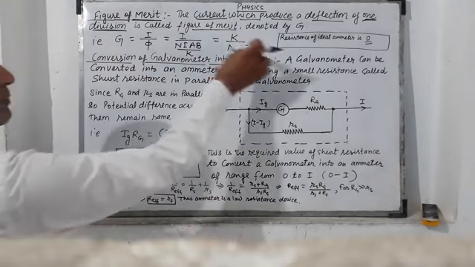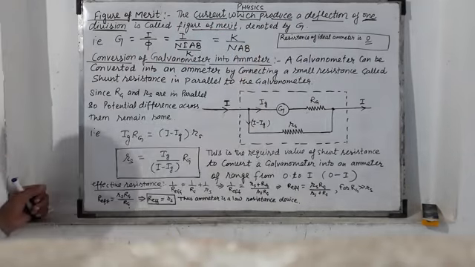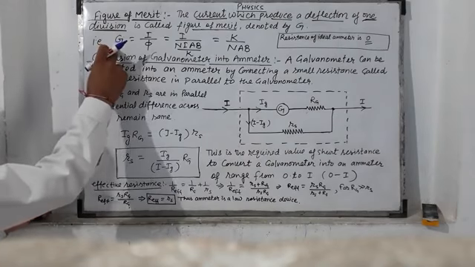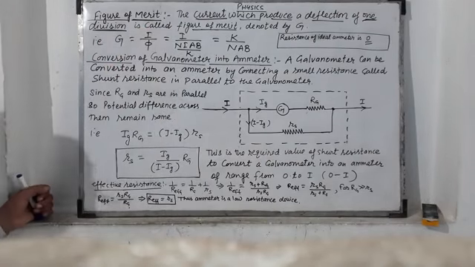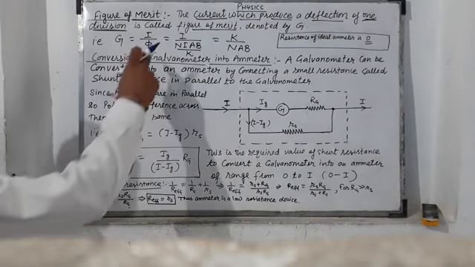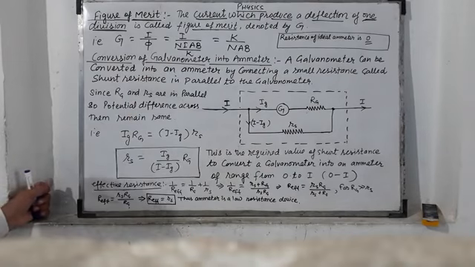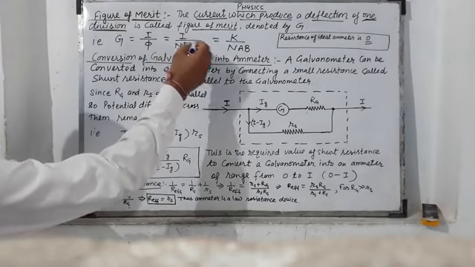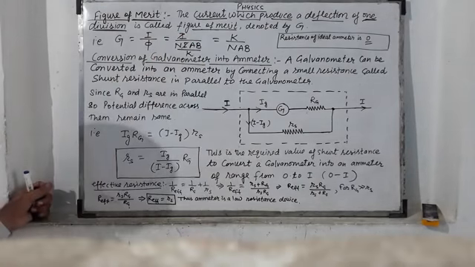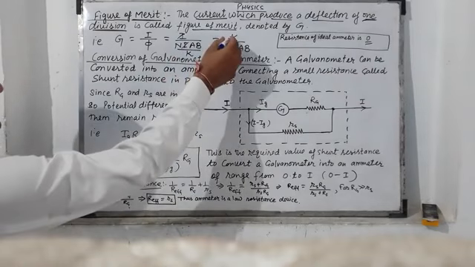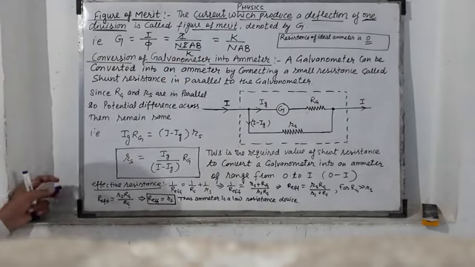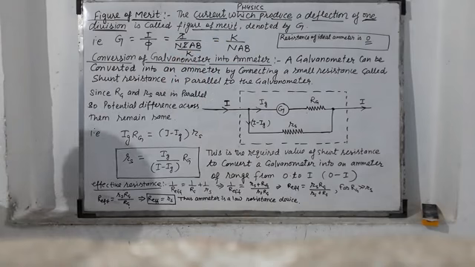It is denoted by capital G. So G is equal to I upon phi, but phi is equal to NIAB upon K from the last expression. So I cancels out, and we get K upon NAB. This is the figure of merit.